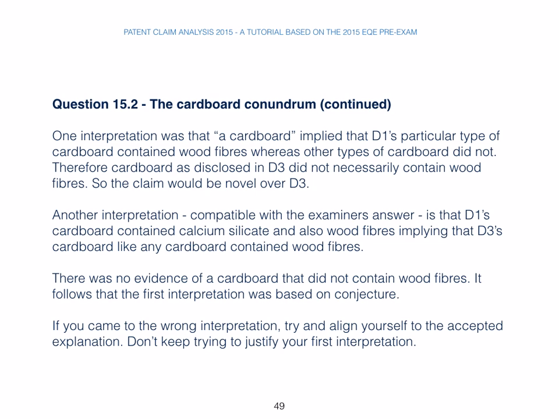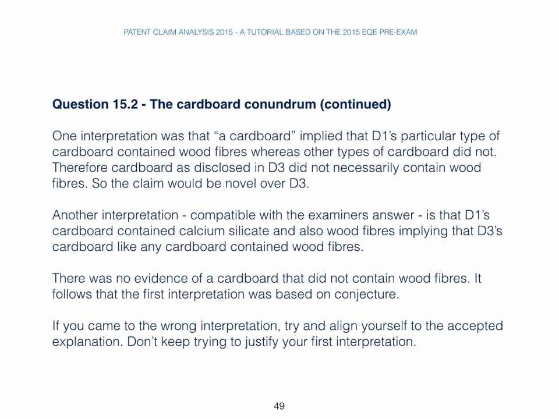It follows that the first interpretation was based on conjecture. If you came to the wrong interpretation, try and align yourself to the accepted explanation. Don't keep trying to justify your first interpretation. In other words, try and acknowledge that the examiner's explanation is also meritorious.